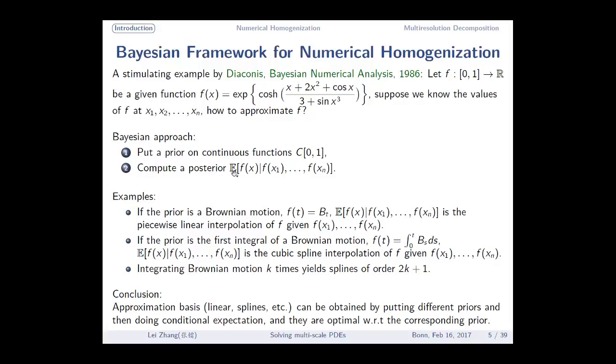Okay, why is that? That's the 1D case, and you have these points, x1, x2 to xn, okay, and you know the value of f at these points, and you want to compute this conditional expectation.